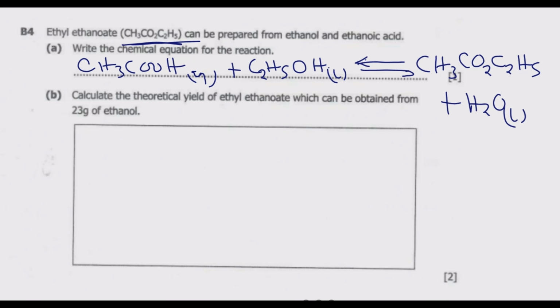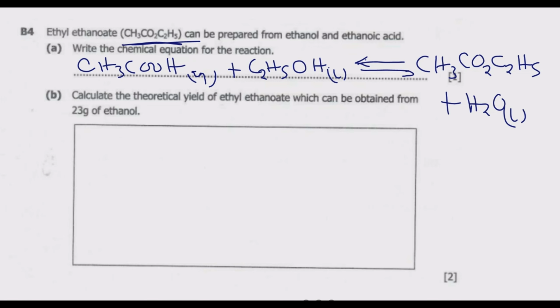So once we get that, we can counter check to ensure that this is correct and balanced. What you notice in this case is we have 3 oxygen on the left, then we also have 3 oxygen on the right. In terms of carbons, we have 2 plus 2, which is 4.